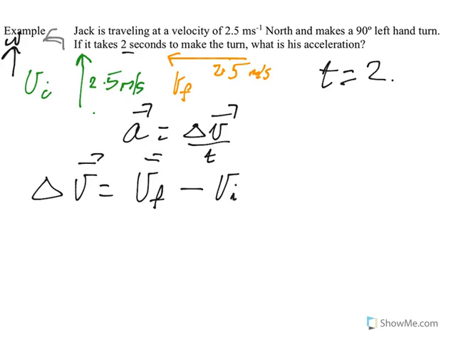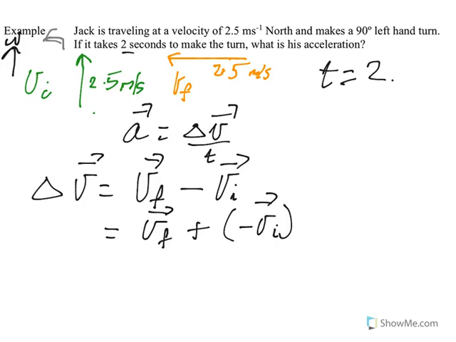Remembering what we need to do in terms of subtracting vectors, we need to add the negative VI. The green one's VI, so negative VI would be the opposite direction, same size.